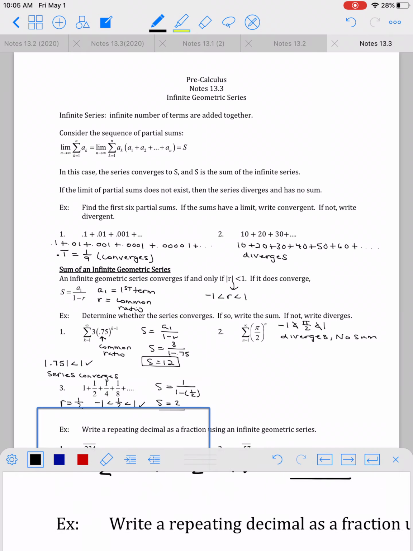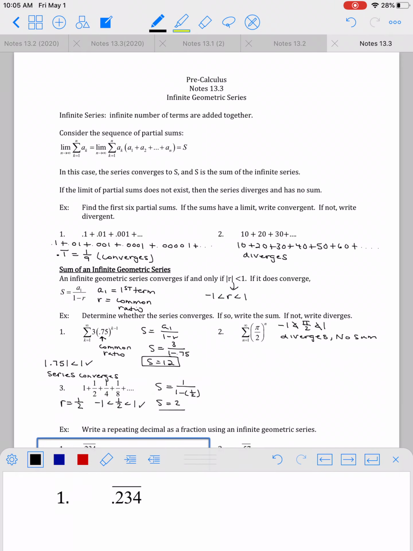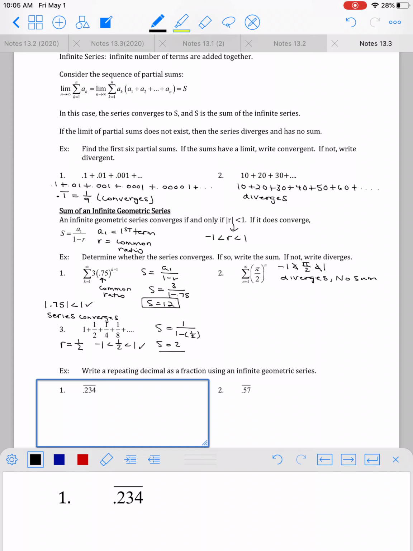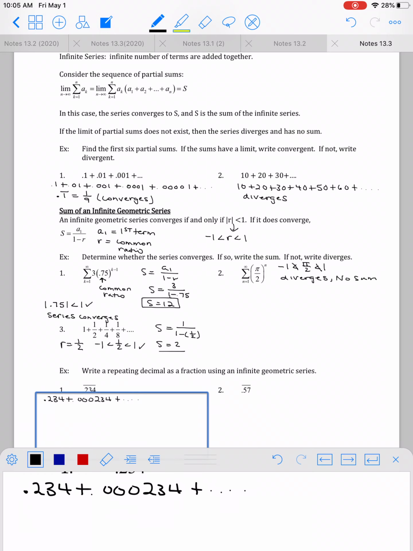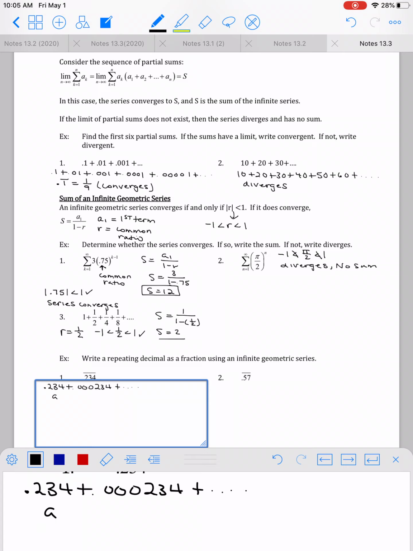Okay, last thing, we're going to write a repeating decimal using an infinite geometric series. So this is 0.234 plus 0.000234. You add zeros based on how many repeats, and it keeps going. So this means the first term is 0.234, and r is 0.001.